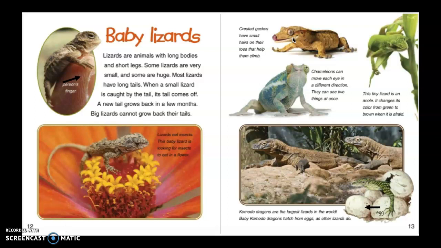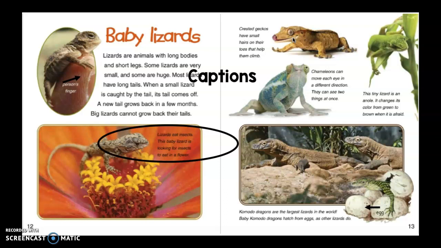Did you say I could look at the captions? If you did, give yourself a pat on the back. Remember, captions are the words under or near a picture that give me more information. Can you take a minute and point to the captions you see on this page? Go ahead, point.